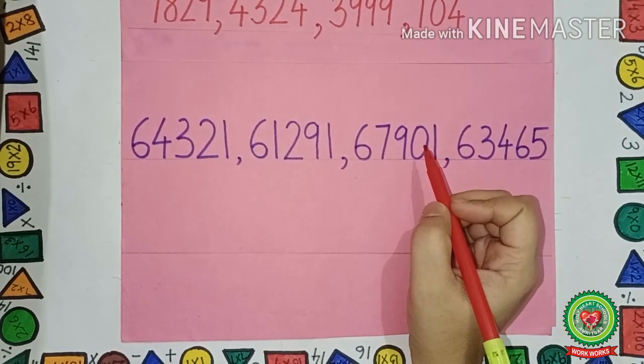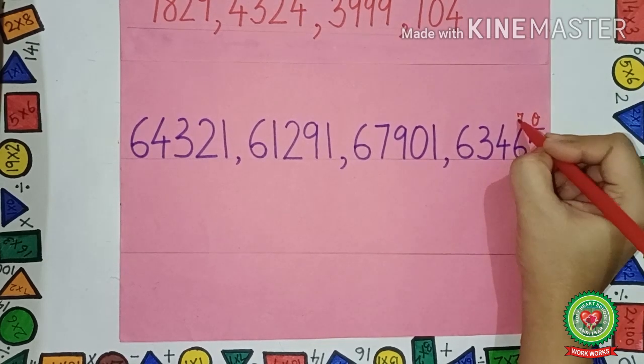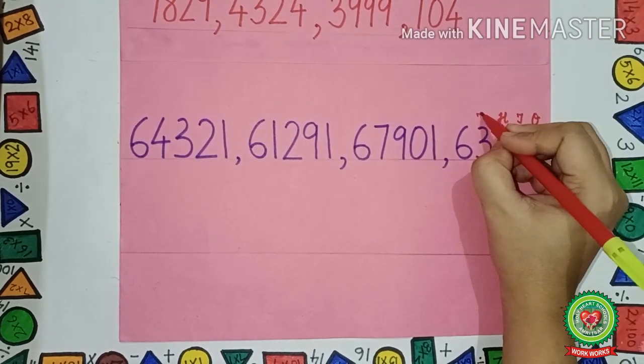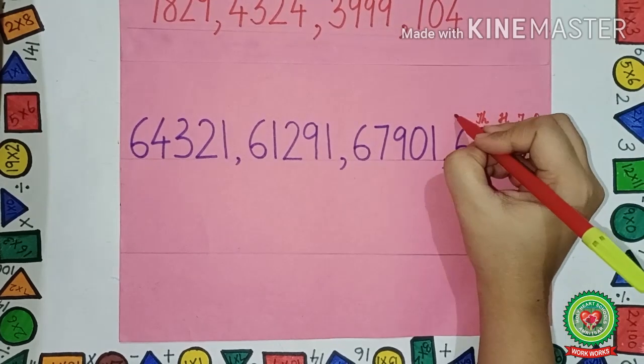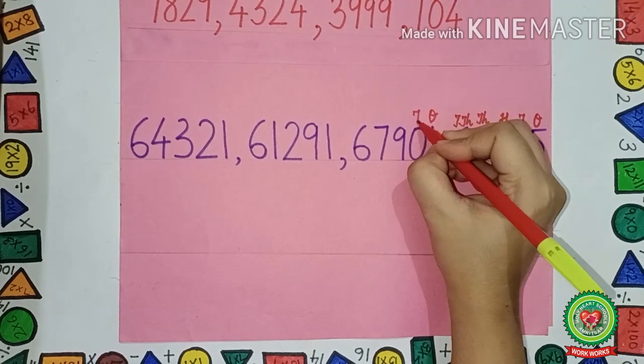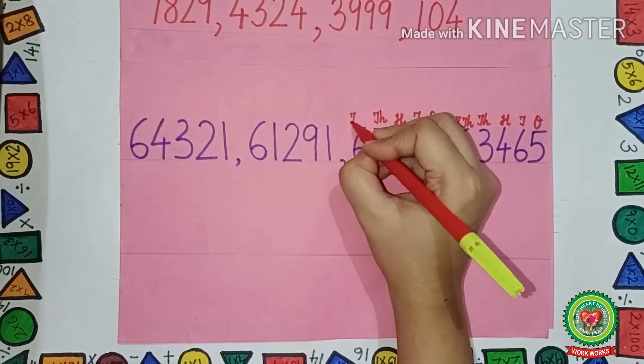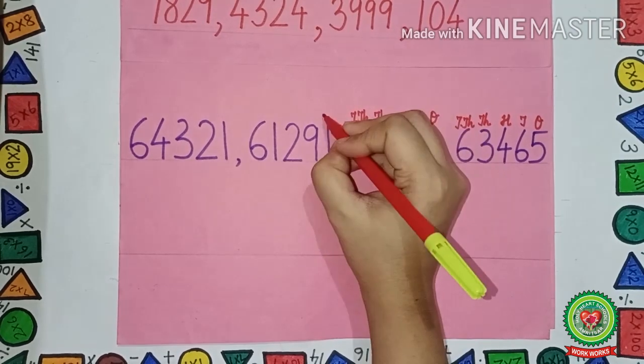Now again, first of all, write the place value table. Ones, tens, hundreds, thousands, 10,000s. Ones, tens, hundreds, thousands, 10,000s.